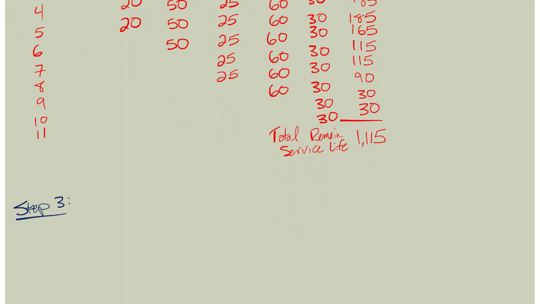And step 3, I want to get my cost per service year. So basically what I'm looking for is the cost for every year of work they're going to give me. And to do that, I'm going to take the change in my benefit obligation and divide by the total remaining service life.